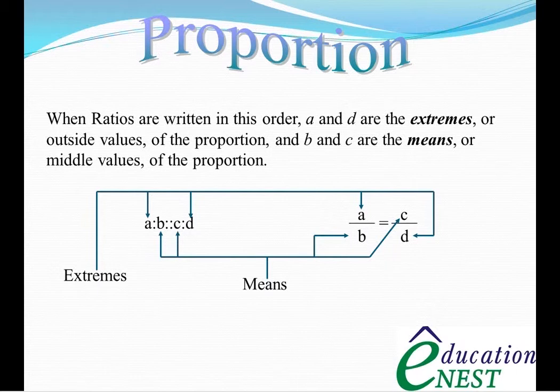So we have in front of us how A and D are extremes and B and C are means. And the ratio can also be written as A upon B is equal to C upon D. I do see that the extremes, one is a numerator and the other is a denominator, just cross towards the proportion.